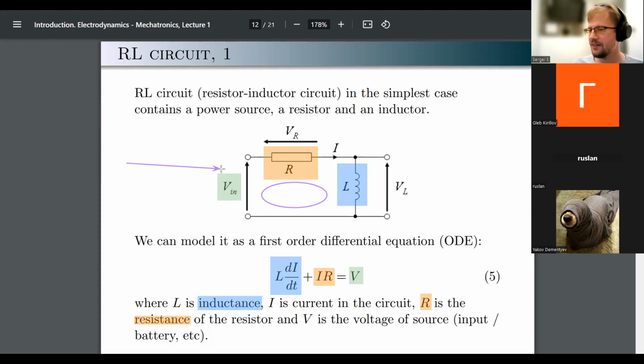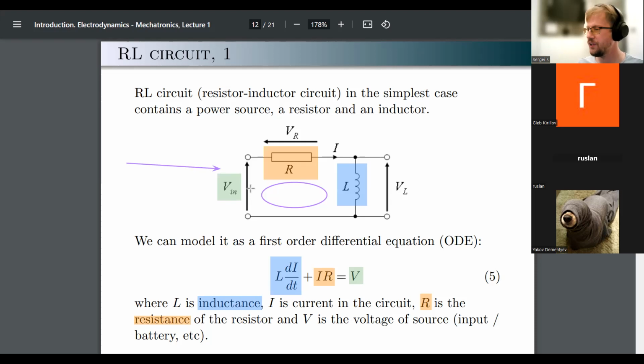But let's say I ask you this question: if we give an input of, let's say, 10 volts, like the battery produces 10 volts constantly, what would be the final current after a lot of time has passed?